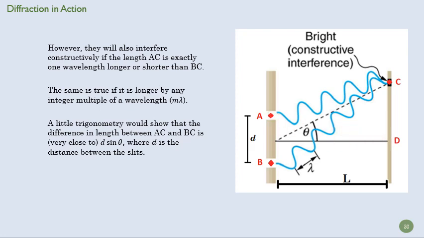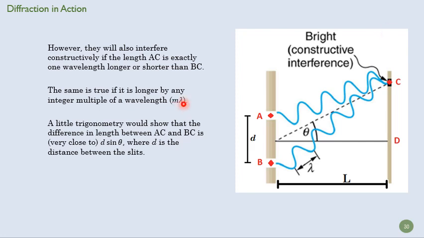And then we can also get bright spots where the distance of AC is exactly one wavelength different from the distance of BC. Now, it can also be exactly 2 wavelengths different, right? Because if this is in phase at A and B, and they travel exactly 2 wavelengths farther, then it's still going to be in phase. And so you get a second bright spot up here.